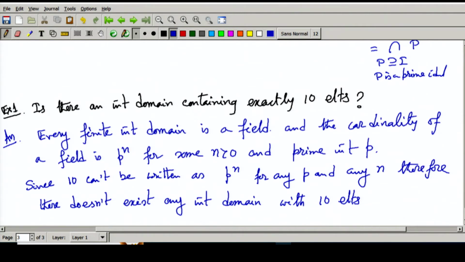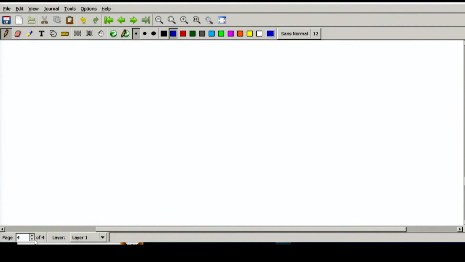So, this is how you can argue that it is not possible to have an integral domain with 10 elements. Now, the next problem.